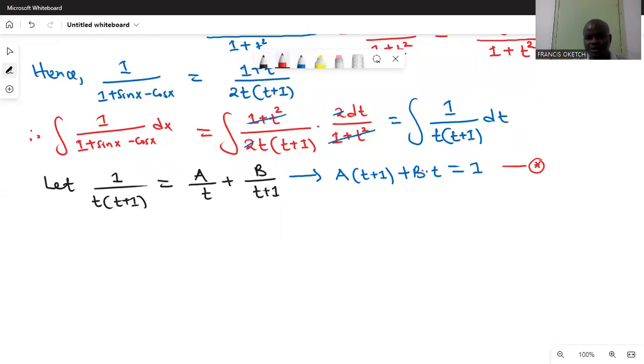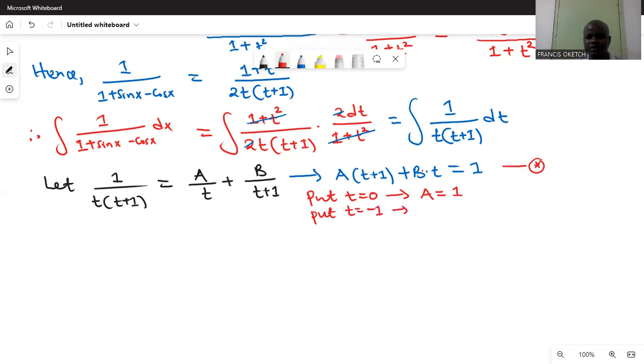I want to use the simplest method. If I put t is equal to 0, that will help us eliminate the second term on the left-hand side. So we are going to get a is equal to 1. What about if we put t is equal to -1?